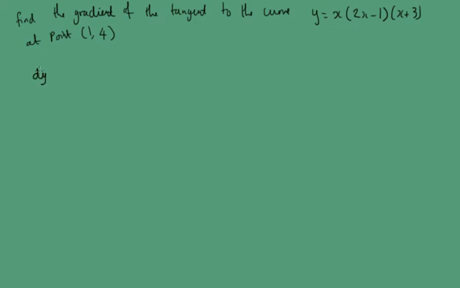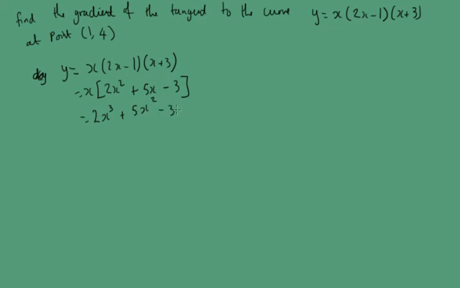So first of all, we've got y equals x(2x minus 1)(x plus 3). We need to multiply this out. We'll leave the x there, so it's going to be 2x squared plus 6x minus 1x, which is 5x, minus 3. So that's going to give us 2x cubed plus 5x squared minus 3x.